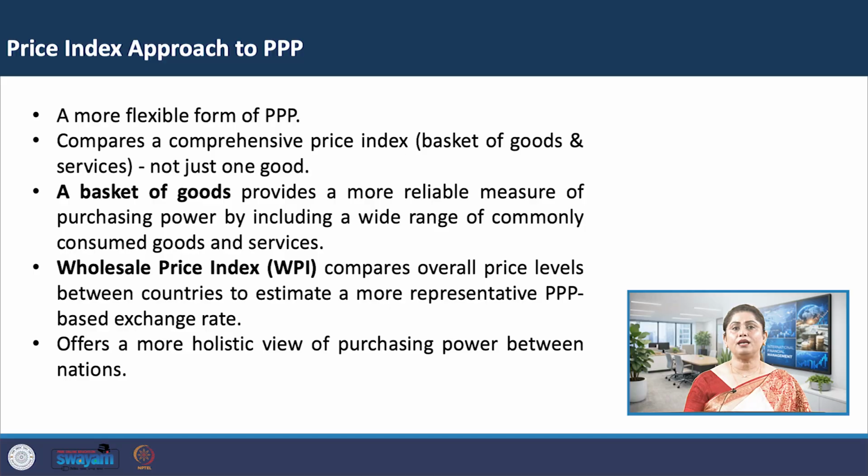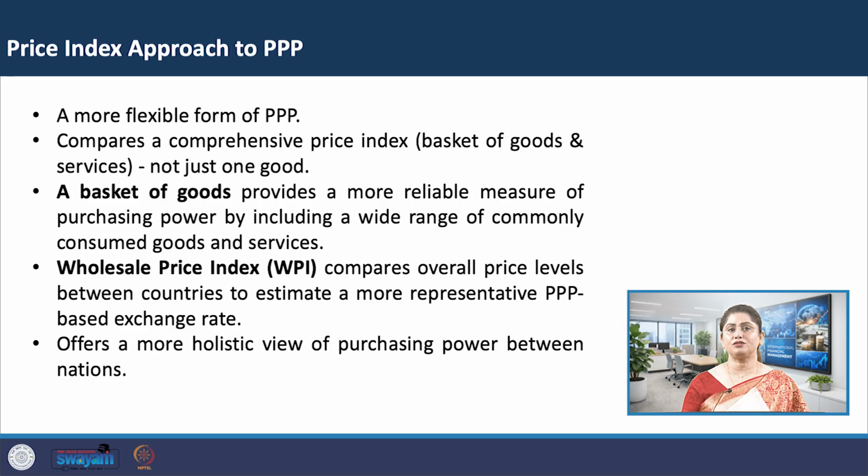At the same time, using only one product, such as Big Mac, to judge exchange rates is a very simplified approach. The price of a single item can be influenced by local taste, taxes, transportation cost, wages, and branding. A more reliable method is to compare the prices of a broad basket of goods and services across countries.